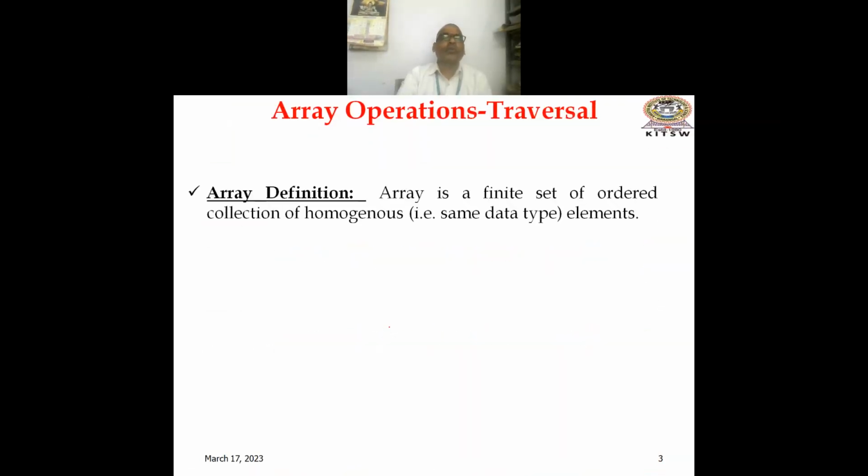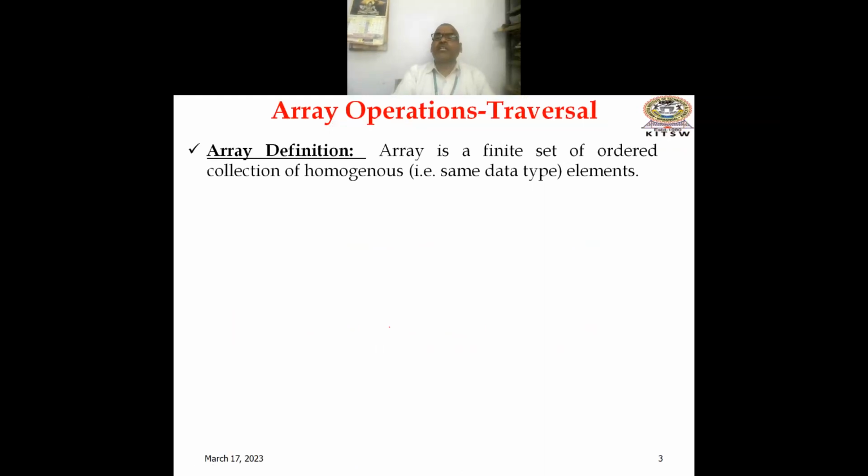So array, we have defined it as a data structure, and it is a linear data structure, we have classified it so because the elements are stored in a sequential manner. If you define an array, an array is a finite set of ordered collection of homogeneous elements. Homogeneous elements means we are collecting same data type elements.